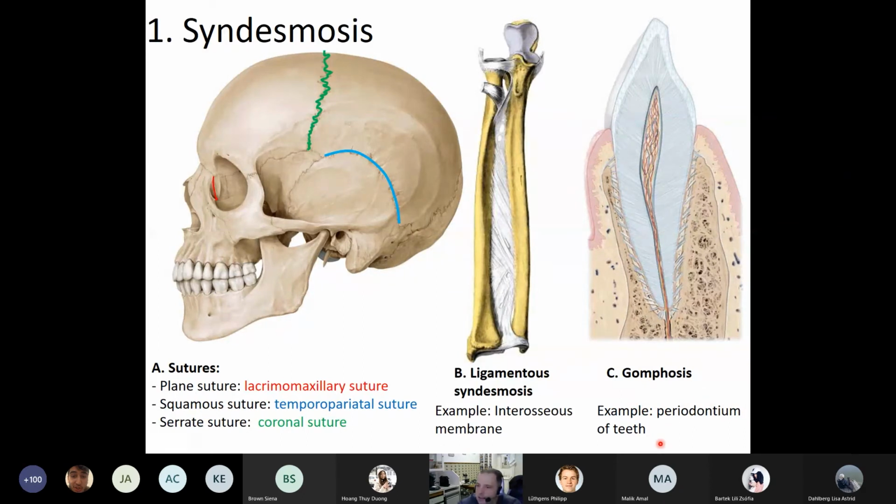That is a structure which fixes the tooth in the alveolar bone. Dentistry students will need this every day. We will come back to this point in the next semester. Okay, so these are examples for syndesmosis, if two bones are connected with each other by connective tissue.